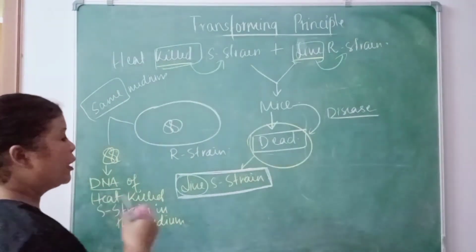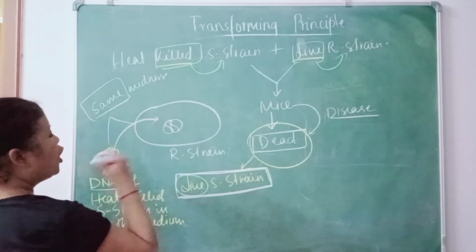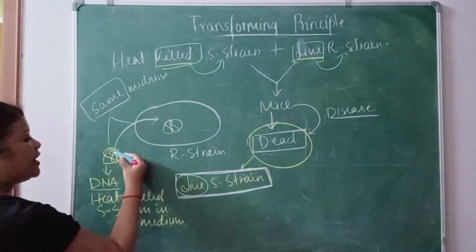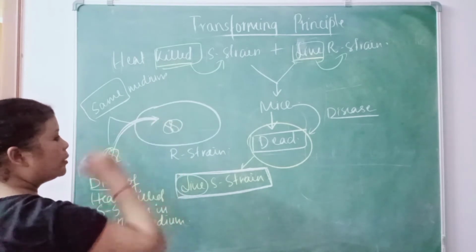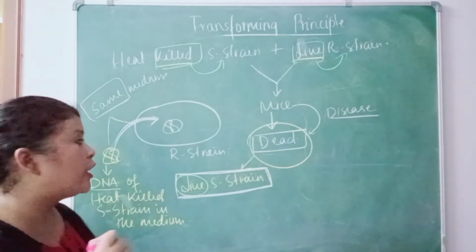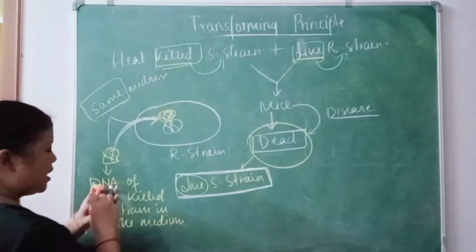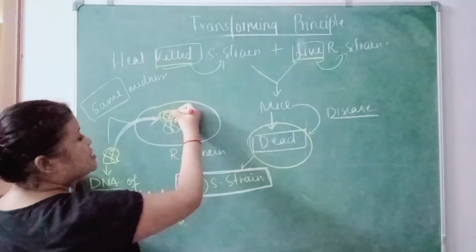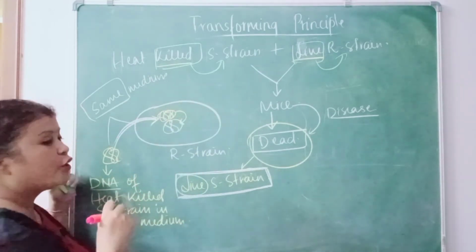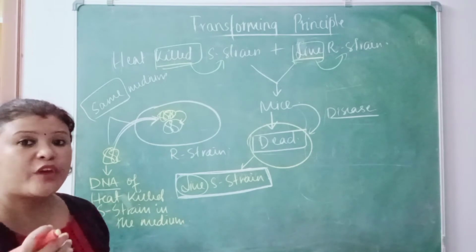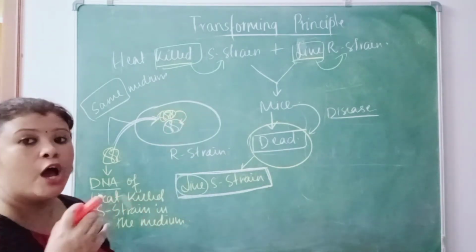Due to the mixture, this R strain was able to pick up the DNA of the heat-killed S strain, which got absorbed in this live R strain. When the DNA was in the R strain, this S strain DNA got incorporated into the R strain bacteria, thereby controlling the machinery of the host.